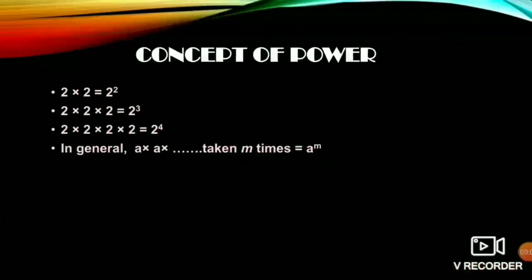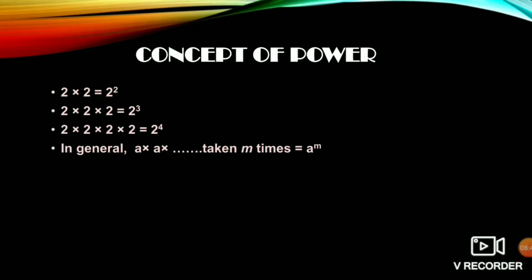Next, we come on to the concept of power. When we write 2 multiplied by 2, it can also be written as 2 with superscript 2. You can see there is a small 2 written on the top right hand corner of number 2, and it is read as 2 raised to the power 2.